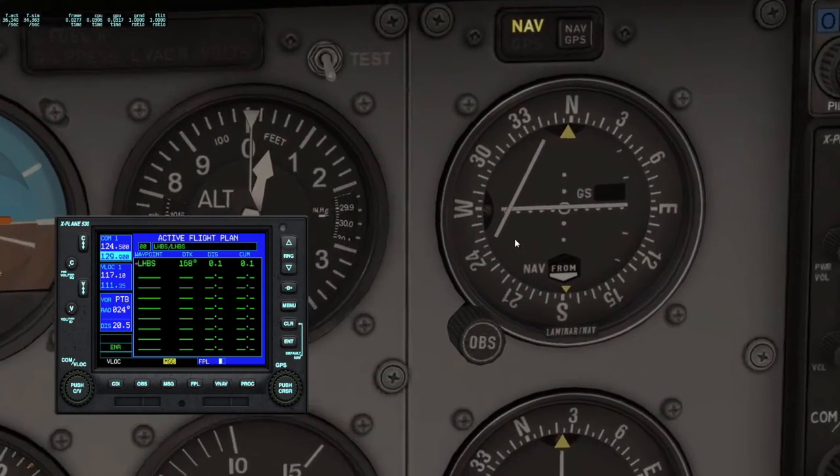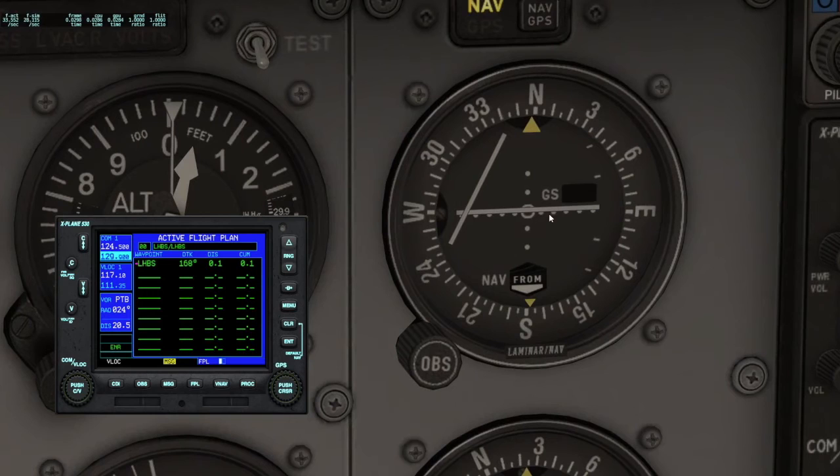And if we zoom in, you will see that there are dots, and we can count them. There are 5 dots on each side. Each dot indicates that you are off by 2 degrees from the selected radial.